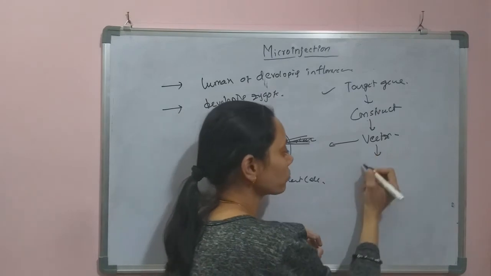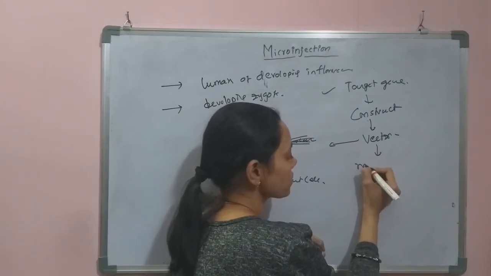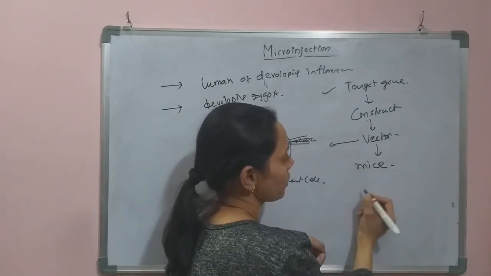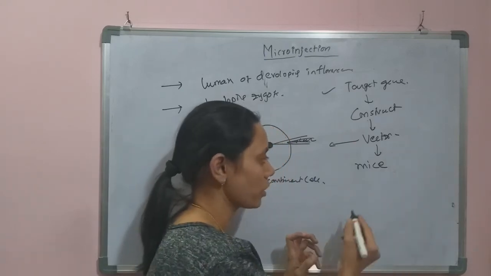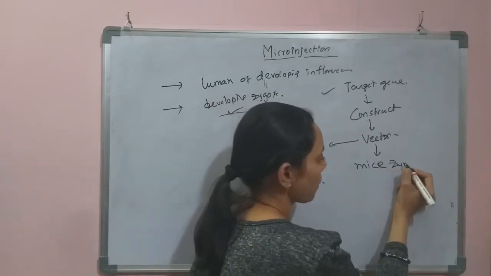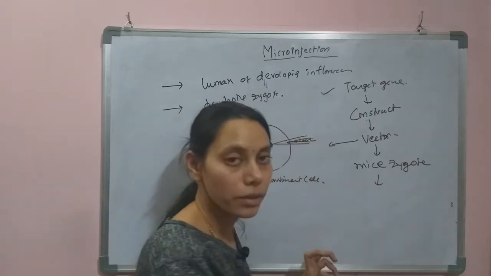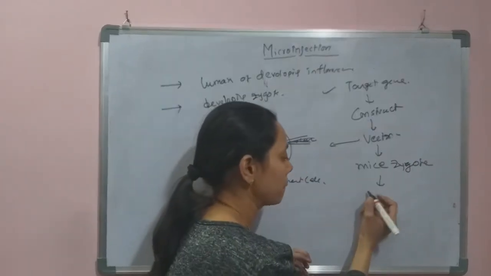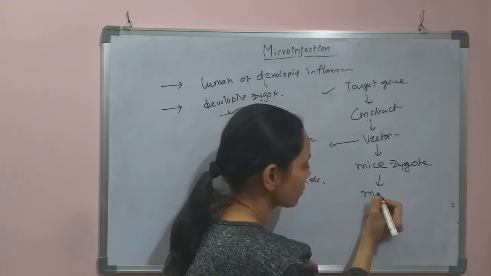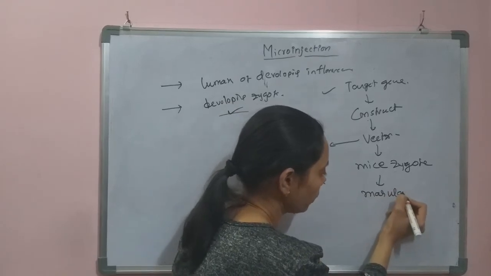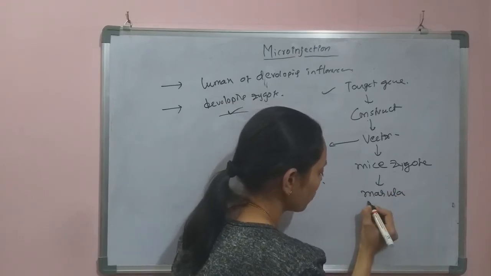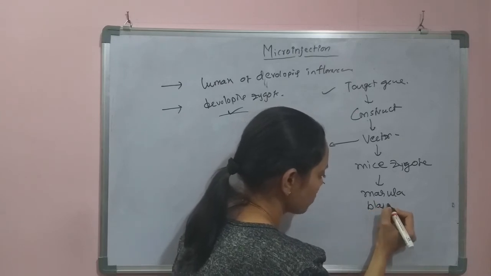So this mice developing zygote will divide, and it gives a structure called morula, followed by blastocyst.